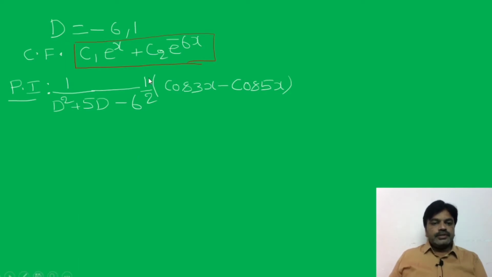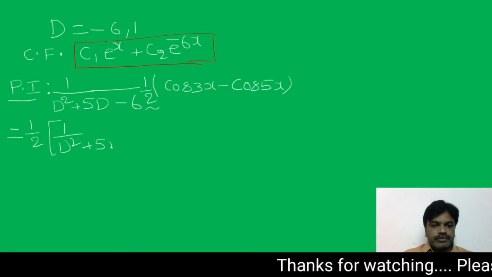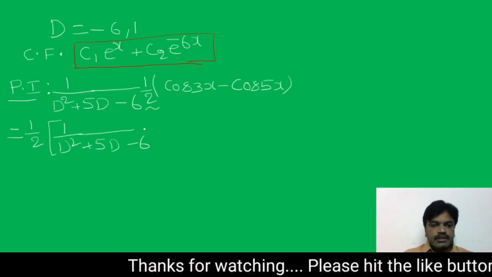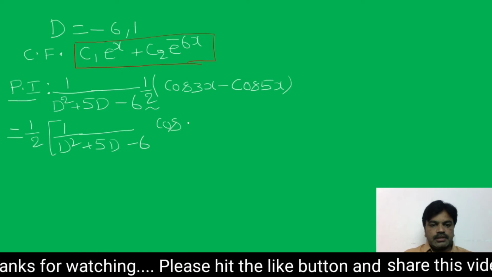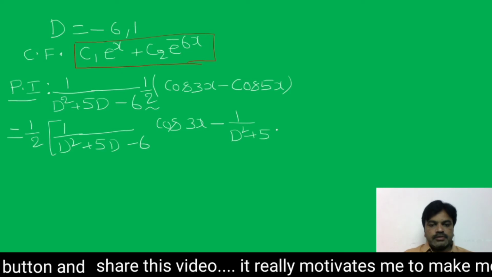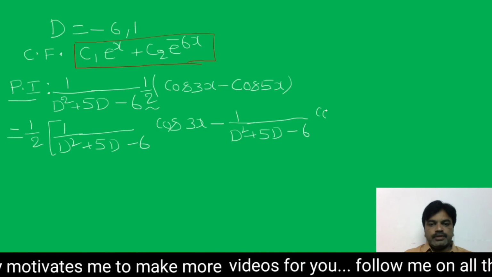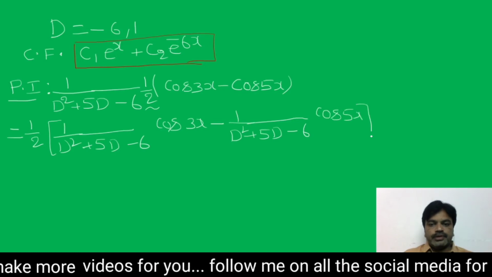Now here the common factor is 1 by 2. So 1 by 2 into 1 by (D square plus 5D minus 6) cos 3x minus 1 by (D square plus 5D minus 6) cos 5x.